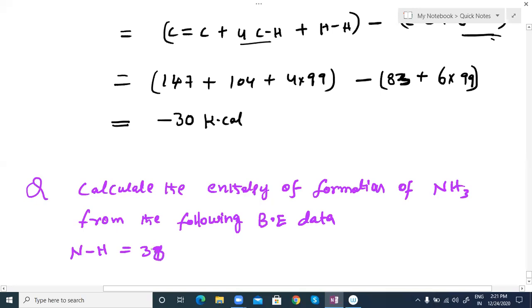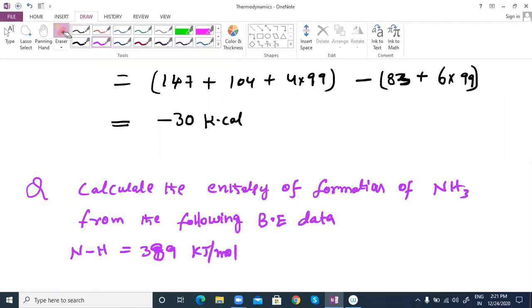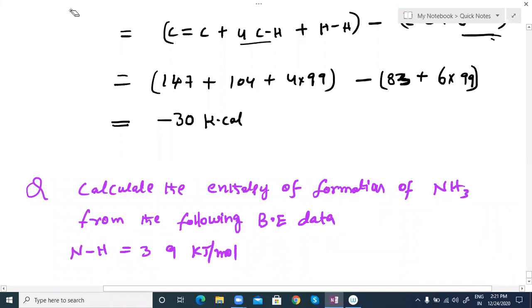389 kilojoule per mole. 389, don't get confused, that is not another number, just 389.